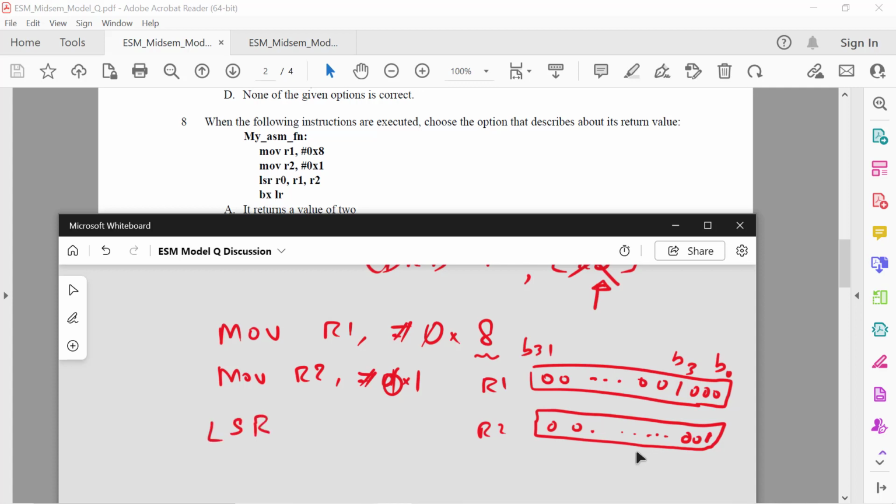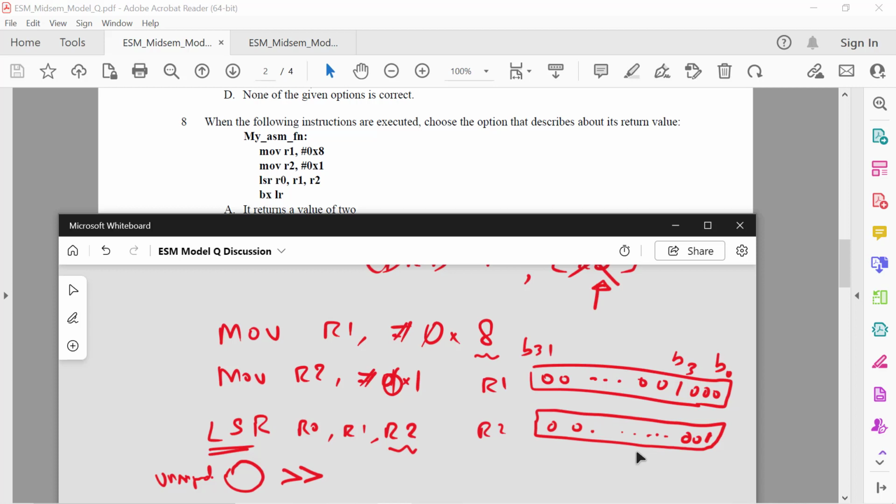LSR R0, R1, R2. Whenever you see this, it is a logical shift right, and you should remember that operation. Logical shift right means the value here is treated as unsigned, because you are not going to bother about any sign bit being extended when you right shift it.